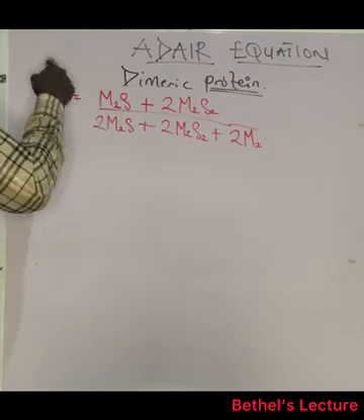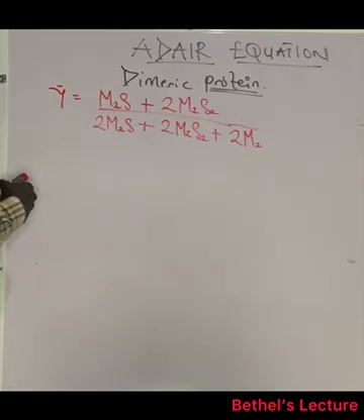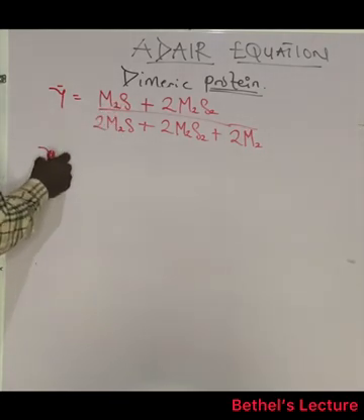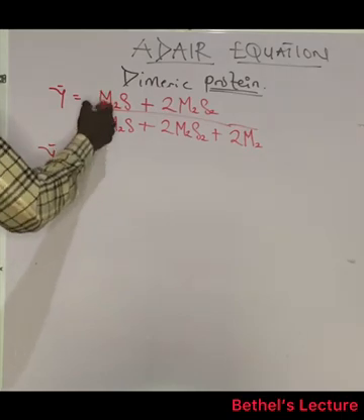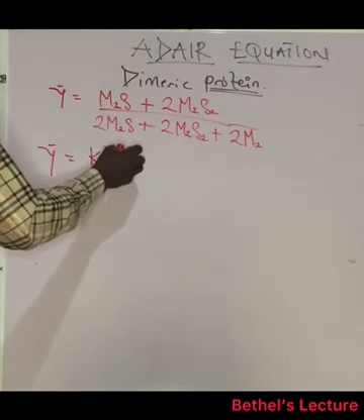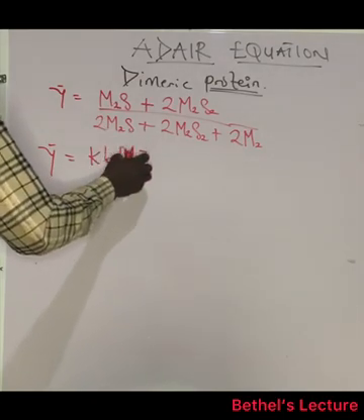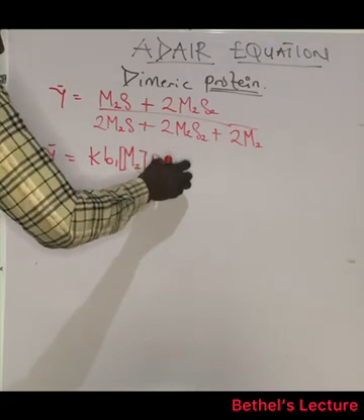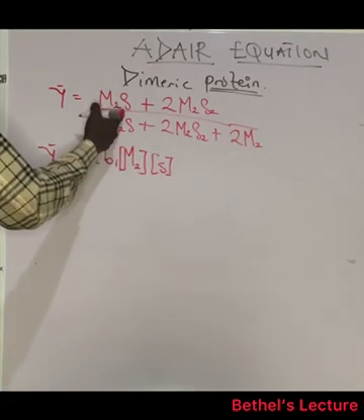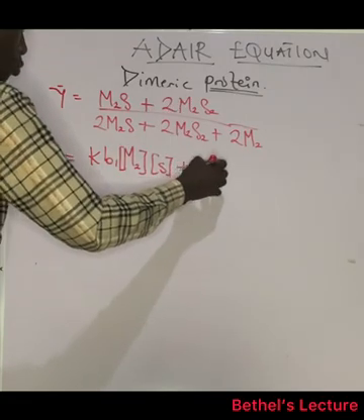Now from equation 1, we know what M2S means, and we'll just quickly put it there. Fractional saturation Y is equal to M2S, which was KB1 M2 S. This was what M2S means from equation 1. Then plus 2.